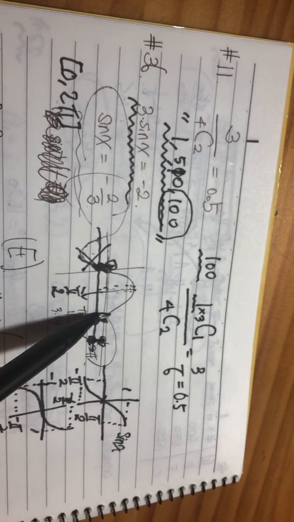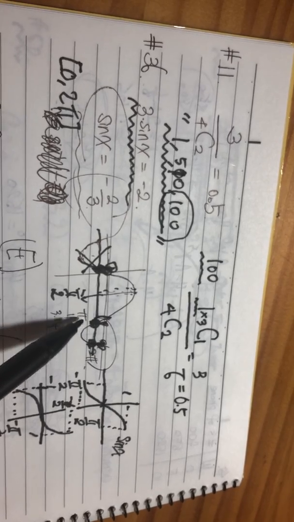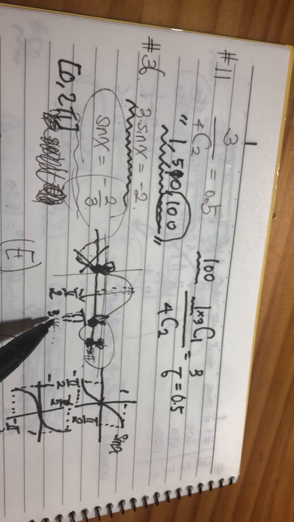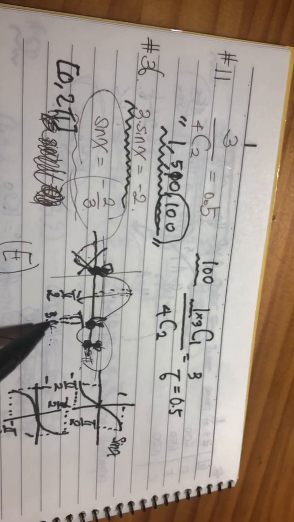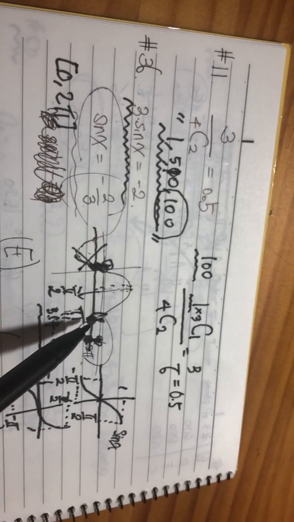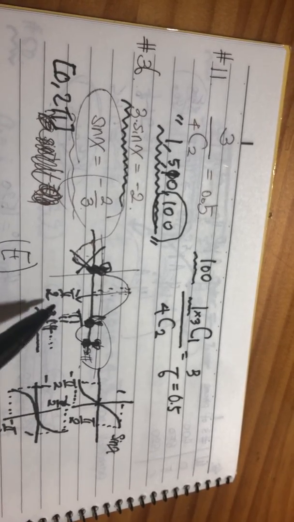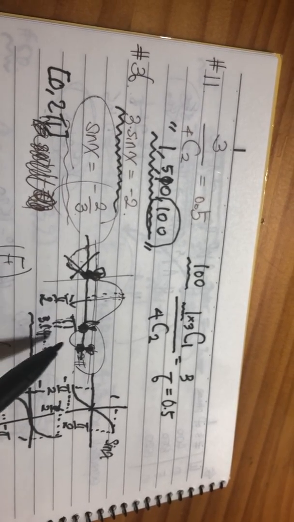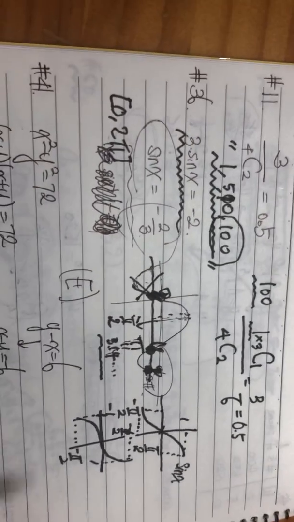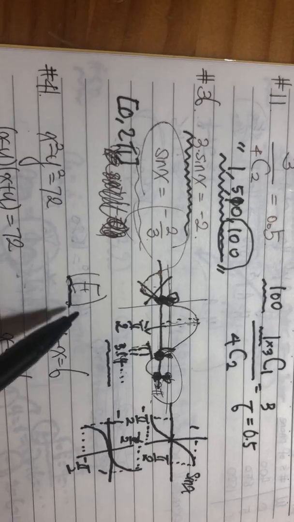What we know is that these two values are greater than pi, where pi in real number is 3.14, right? So we have to find anything that is greater than 3.14. Therefore, the answer is, I think, the last one. Okay, the answer is E.